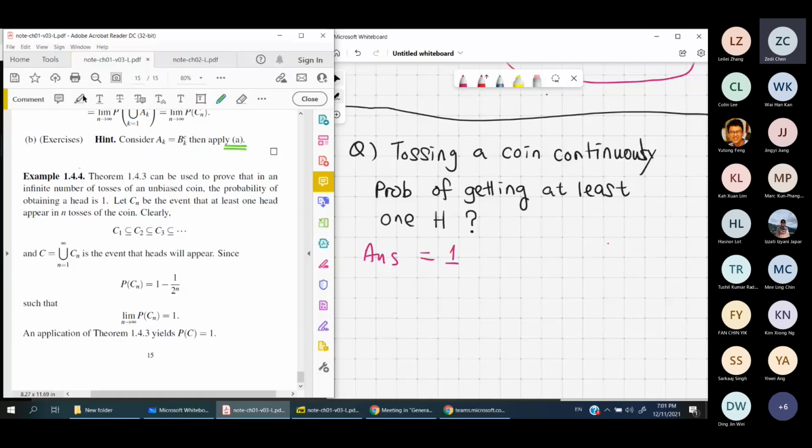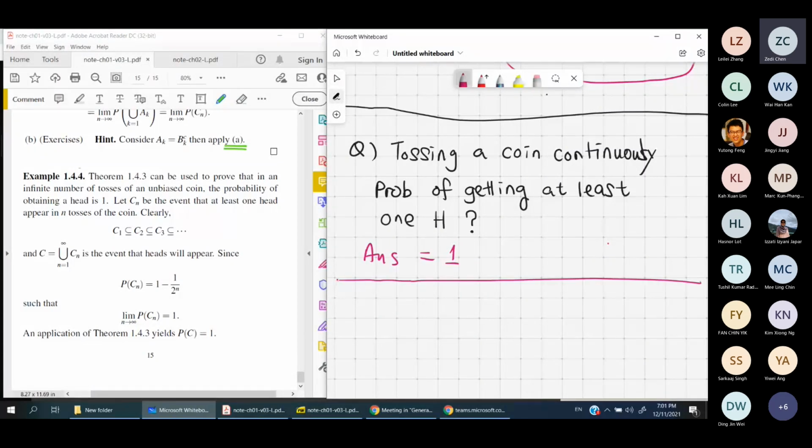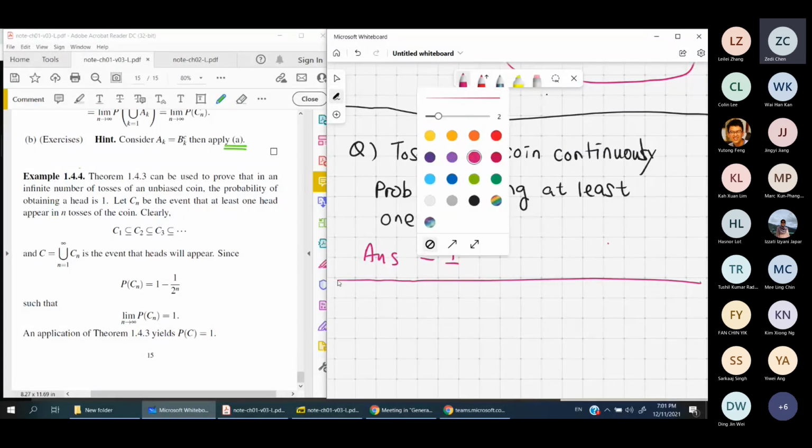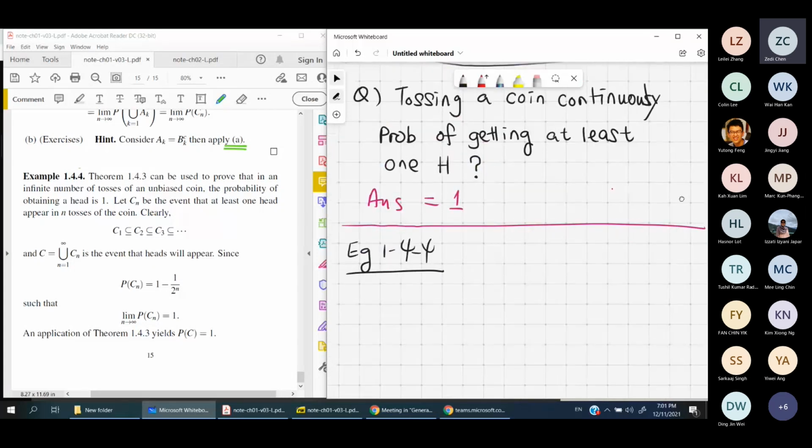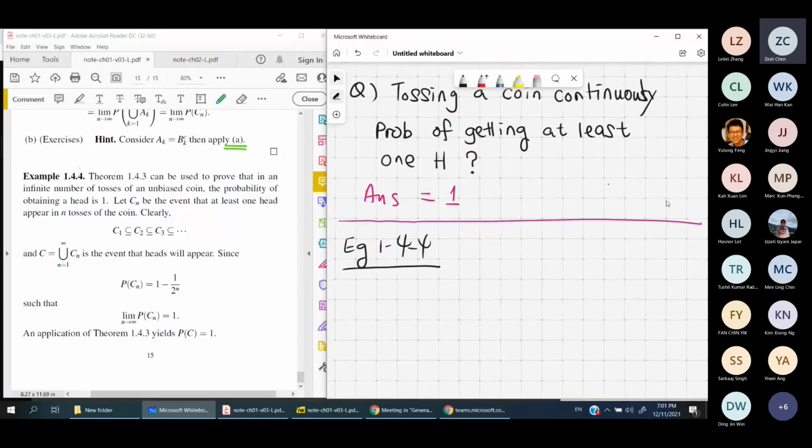So let Cn be the event that at least one hit appears in n tosses of a coin.